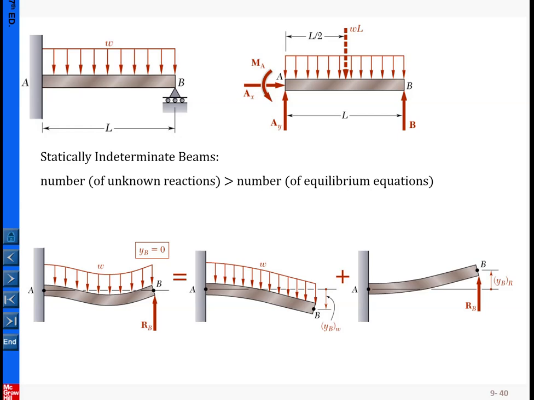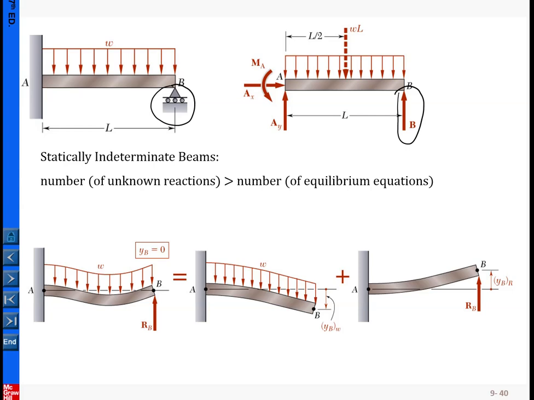So let me pick, using a different color, this one. This is the additional one, one more than the 3 equilibrium equations. So I dedicate to this one, the reaction regarding the support here. That is our focus.